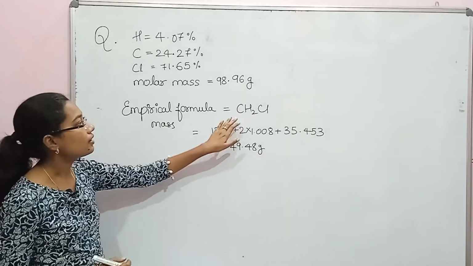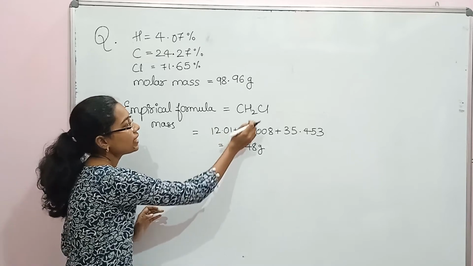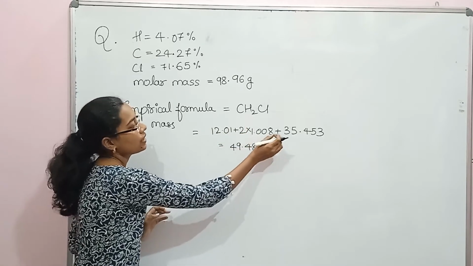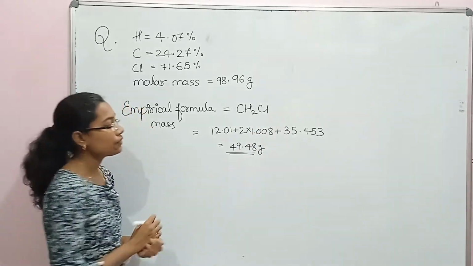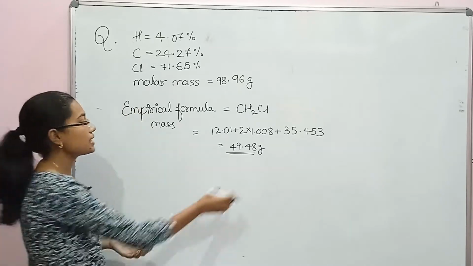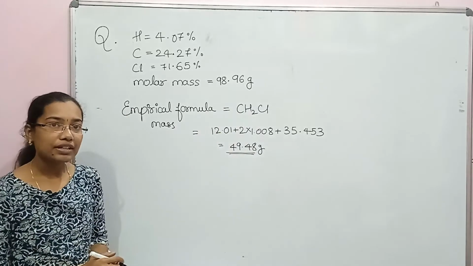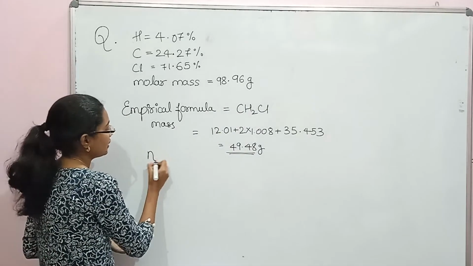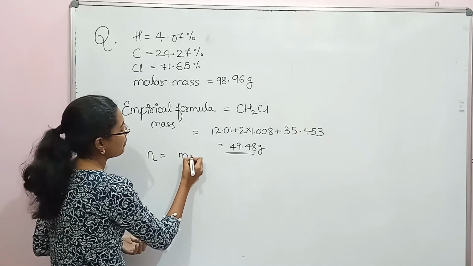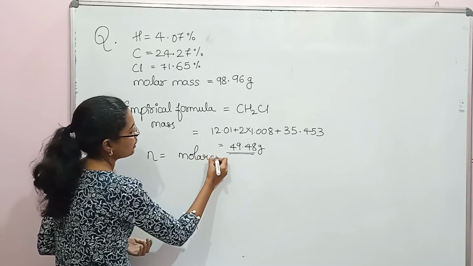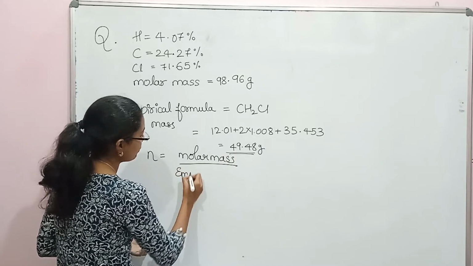So this is the atomic mass of carbon, added to the atomic mass of hydrogen, added to the atomic mass of chlorine. Lastly we got 49.48 grams. This is the empirical formula mass of CH2Cl. And we know that N is equal to the molar mass divided by the empirical formula mass.